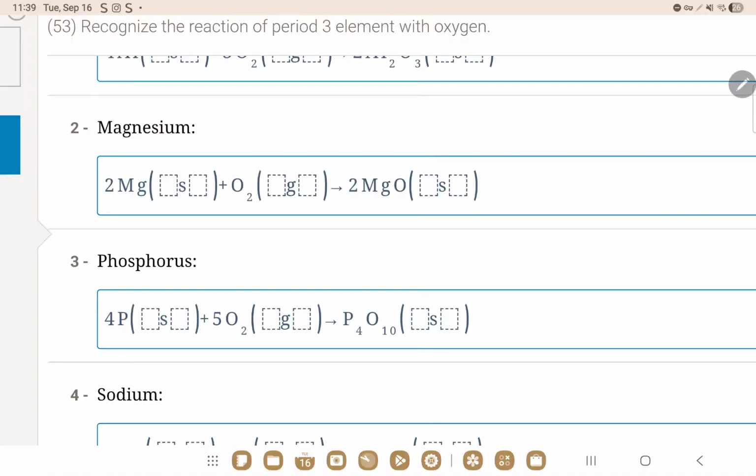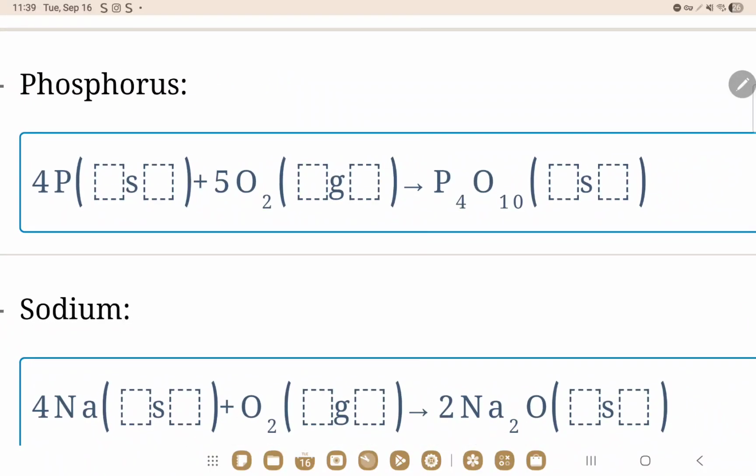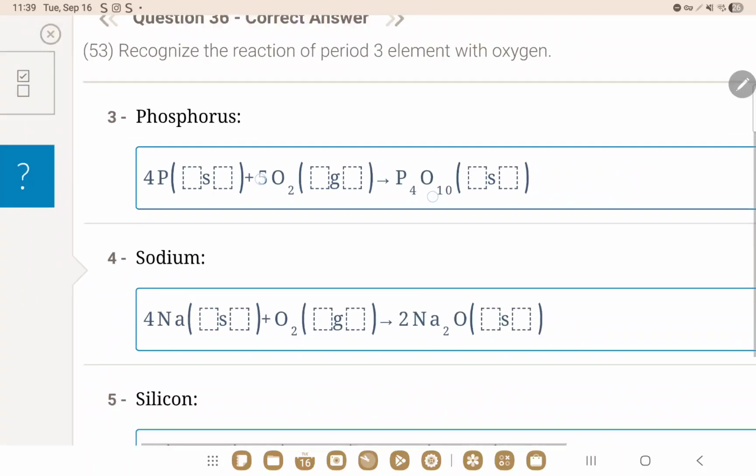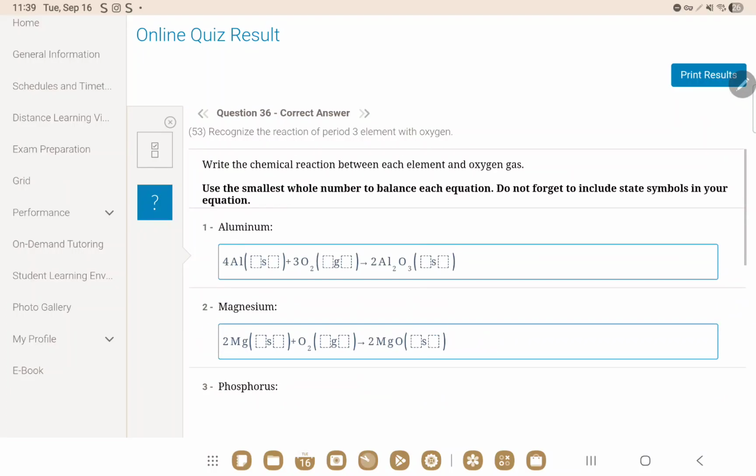Mg plus O2 gives you 2MgO. Here in phosphorus, like I told you, it's an exception. So please memorize this formula for phosphorus because it is different than the rest. The rest should all be very straightforward. And for this, you genuinely just need to understand or memorize the formulas. I can't really help with them.